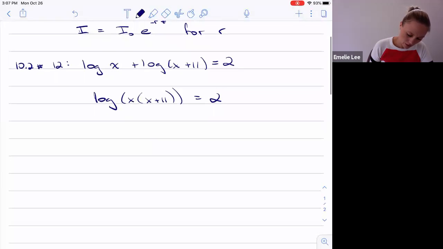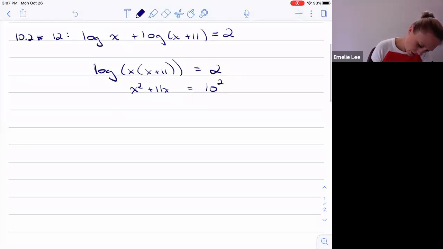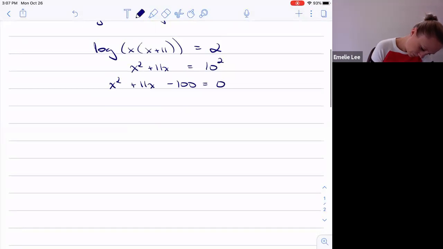Okay. So then you have x squared plus 11x equals 10 to the power of 2, which is 100. You should just be able to use the quadratic equation, which is x squared plus 11x minus 100 equals 0.